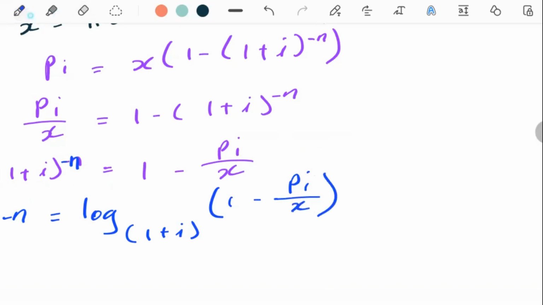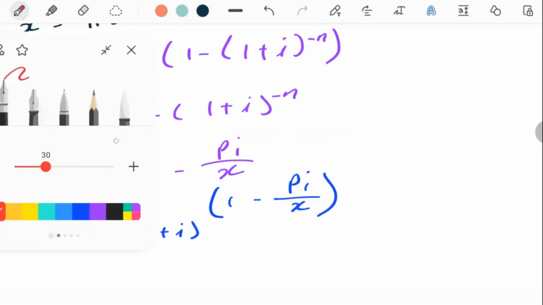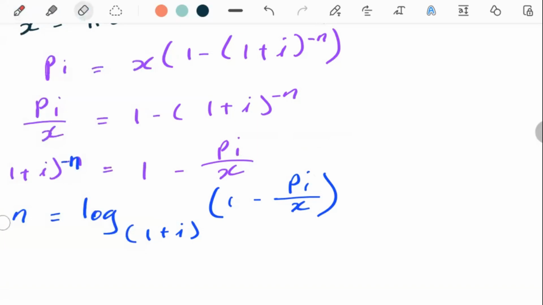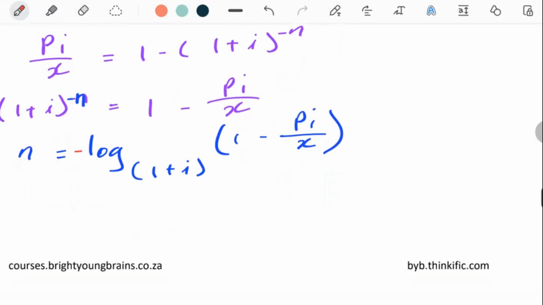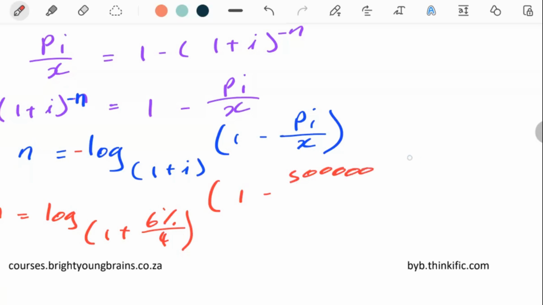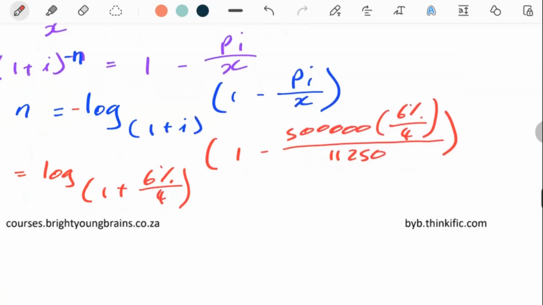So since we want to make n the subject of the formula, I think it just makes sense that we divide both sides by negative, and this negative is there, right? Put in our values: 1 plus 6% over 4, 1 minus 500,000 multiplied by 6% over 4, the whole thing over 11,250.